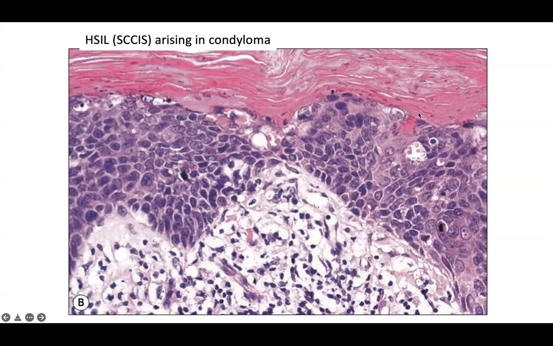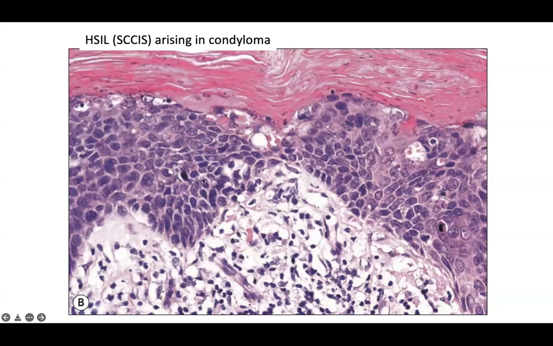So the granular layer is starting to disappear because the division rate is so fast that they're not forming the normal maturation architecture of the epithelium. And you see these clear halos, some areas of punctate basophilic staining, and areas of full thickness atypia.